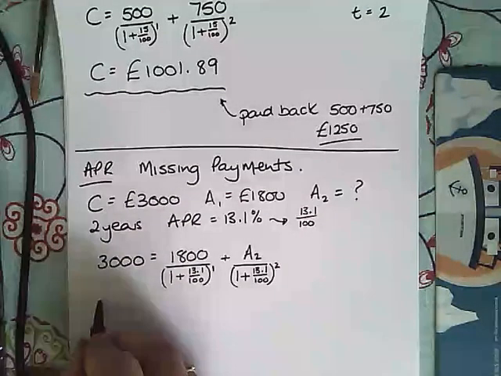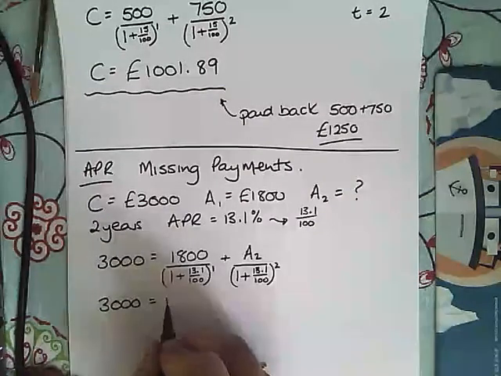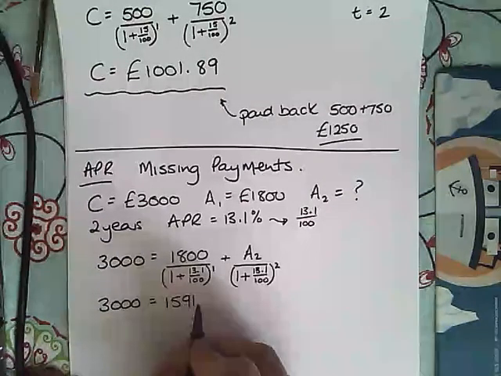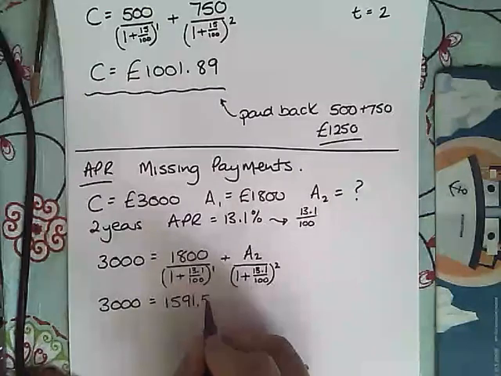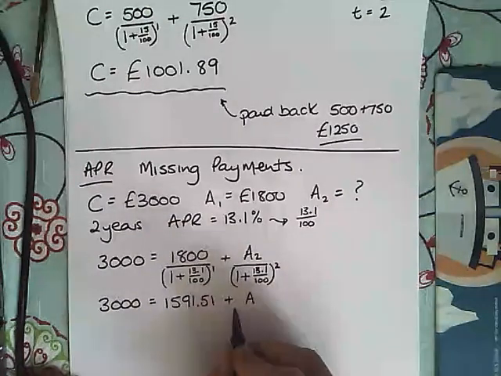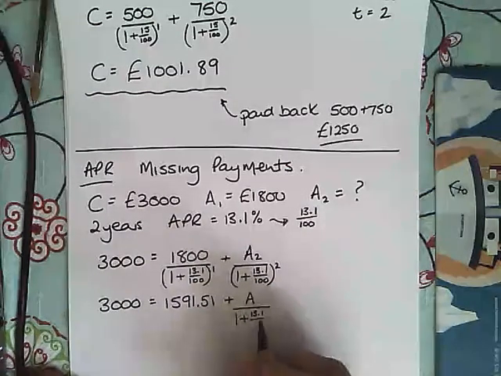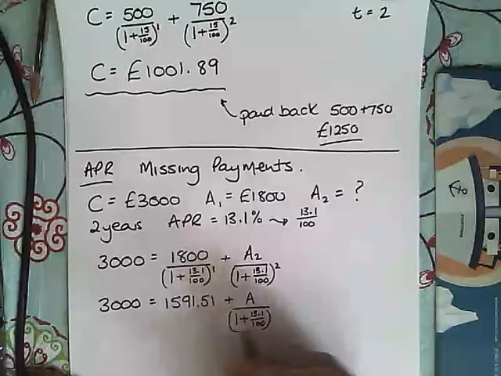So we have 3,000 is equal to £1,591.51 plus A2 over 1 plus 13.1 over 100 all squared.